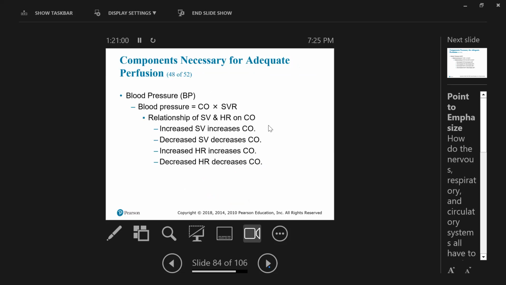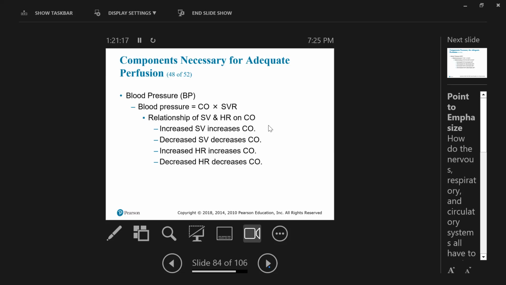So blood pressure equals cardiac output times systemic vascular resistance. So the relationship is systemic vascular resistance and the heart rate and cardiac output.